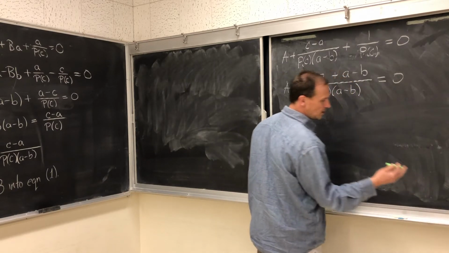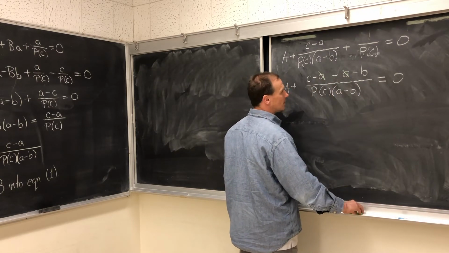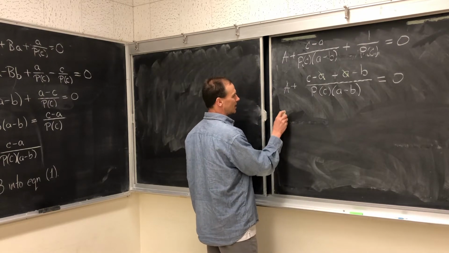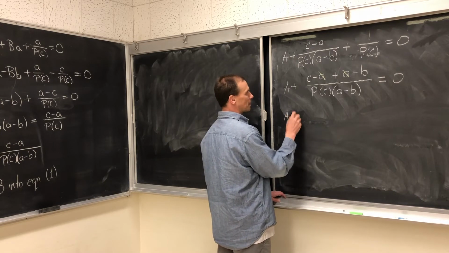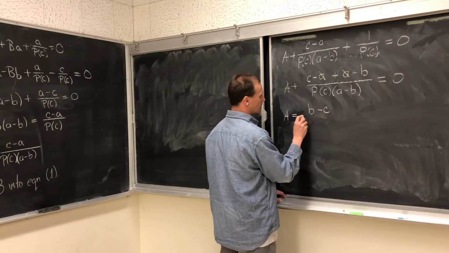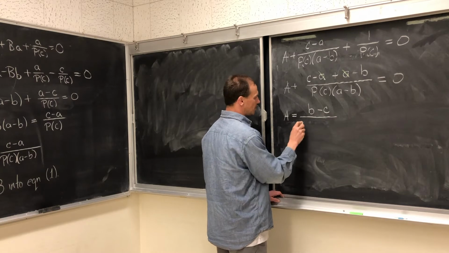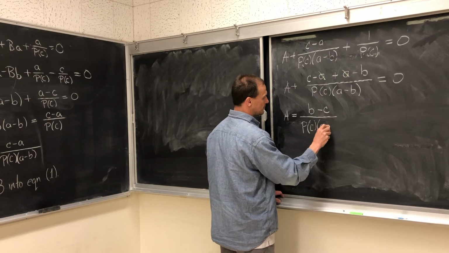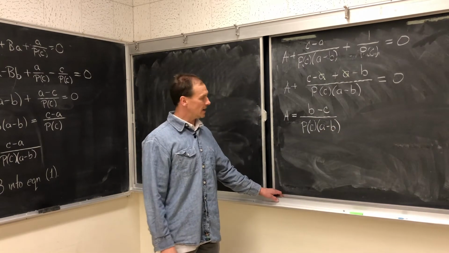I have this nice green chalk. So notice my a's are going to cancel, so I have a c minus b in the numerator. So if I move that to the other side, I can write a is equal to b minus c over p of c, a minus b, parenthesis.